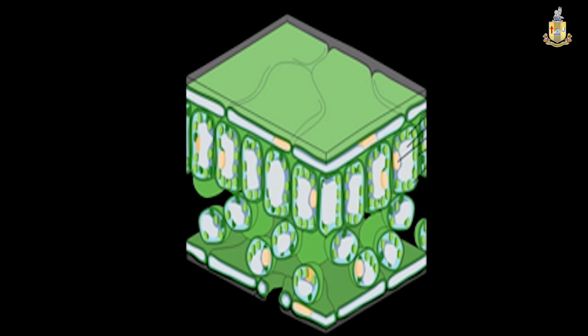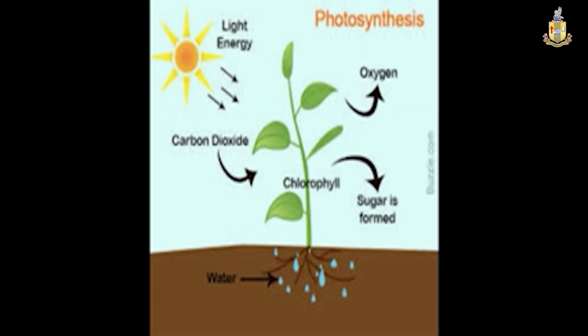More chlorophyll pigments lead to an increase in the photosynthetic rate. The photosynthetic rate is highest in the palisade parenchyma of mesophyll when compared to other cells. So one of the most active cells in the plant is the palisade parenchyma of mesophyll.